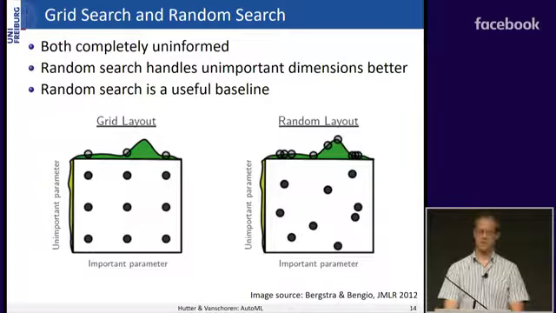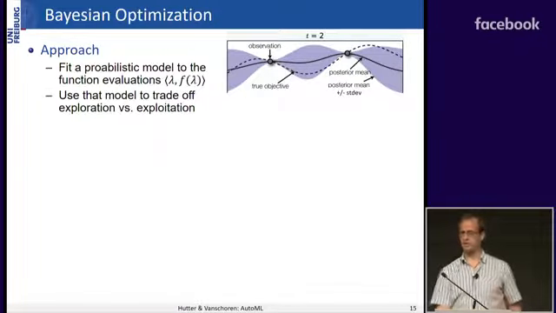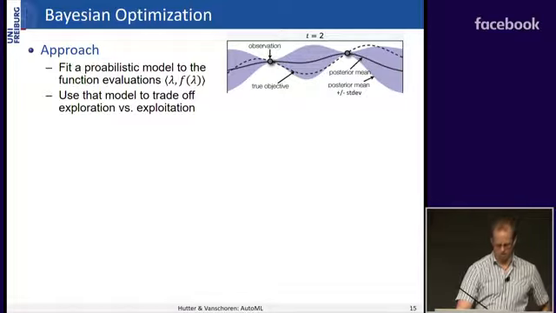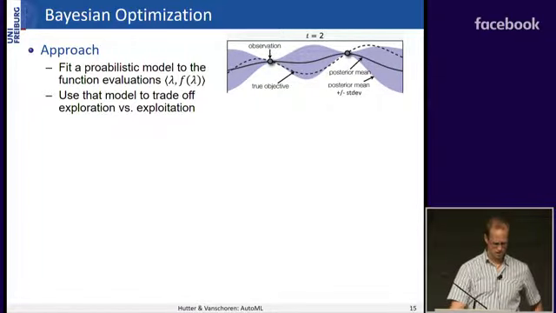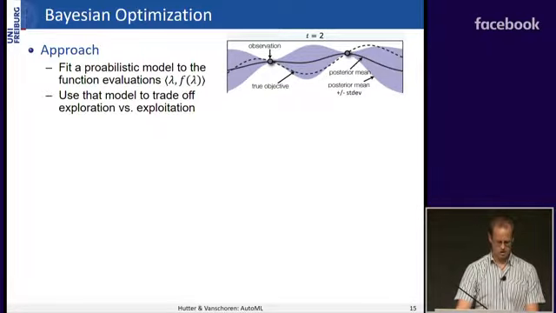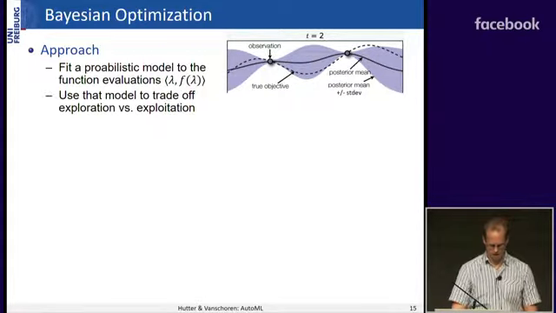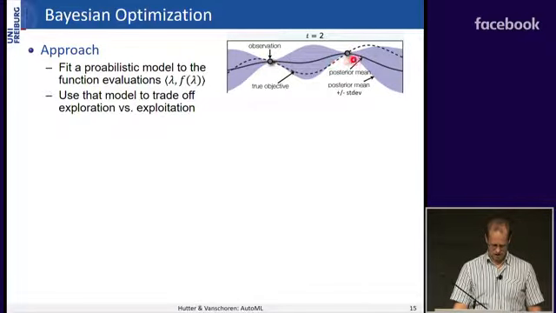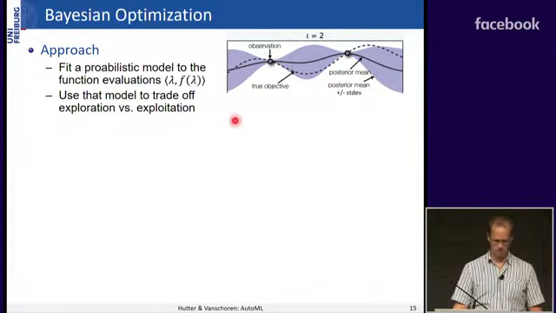And that is suboptimal, and one approach that does care about this is Bayesian optimization, which is a very popular approach for black box function optimization. It works as follows. So you fit a probabilistic model to the function evaluations that you have made. So let's say we have evaluated the function here and here. So we have 1 hyperparameter here.